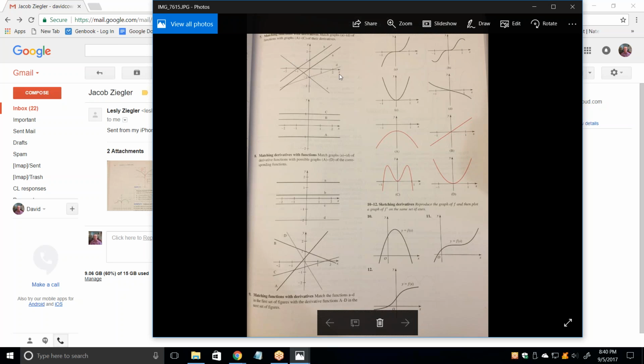But they're all straight lines. So when you take the derivative of a line with slope that's a straight line, you get a horizontal line, always. Okay? And I guess we could match that up also. And it wouldn't be hard to match up A, B, and C with A, B, and C down here.